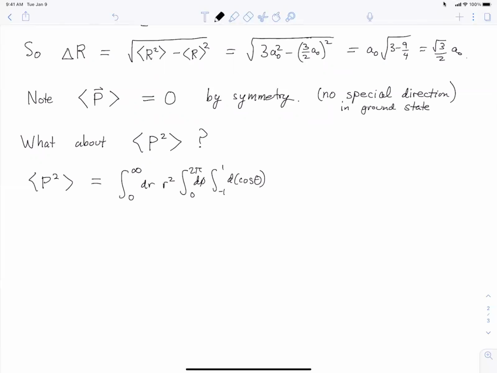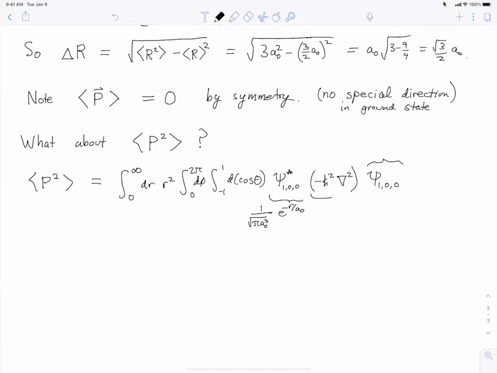And then we're going to put in the wave function, psi100 for the ground state, complex conjugated, times the operator for momentum squared in position space, which is minus h bar squared Laplacian, and then multiplied by psi100 again. Okay, so this factor here is 1 over the square root of pi Bohr radius cubed, e to the minus r over Bohr radius. That's just plugging that in. We also plug it in here.